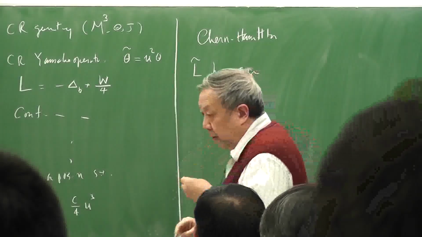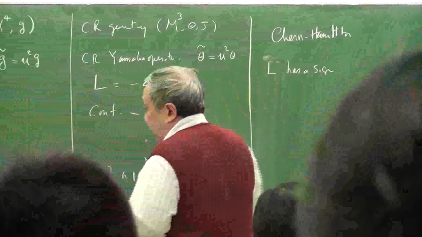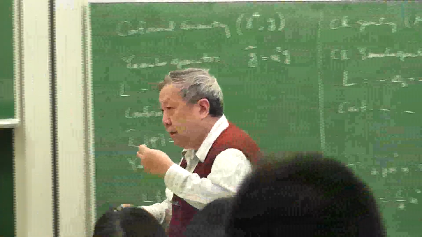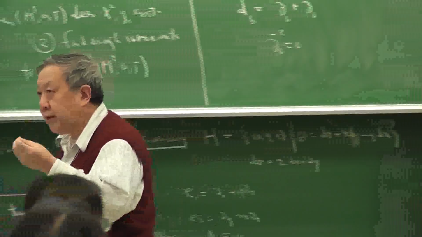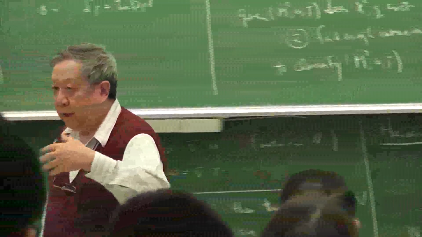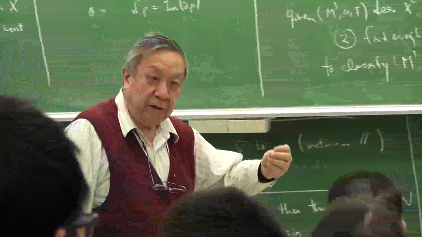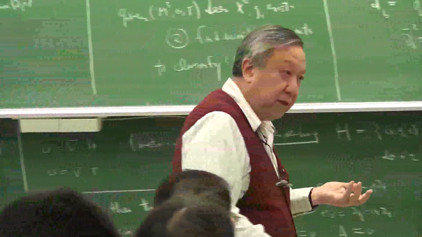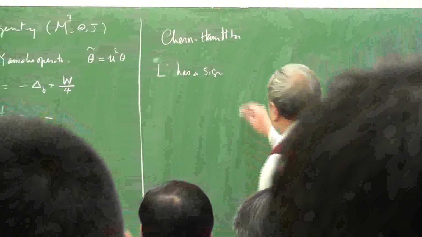In other words, it makes sense whether the operator L is positive or not. It's an elliptic operator, so look at the lowest eigenvalue. If the lowest eigenvalue is negative, we say we're in the negative conformal class. If the lowest eigenvalue is 0, we say we're in the 0 class, flat class. And if the lowest eigenvalue is positive, then L has a sign according to the lowest eigenvalue.